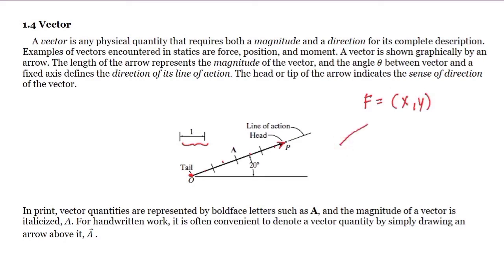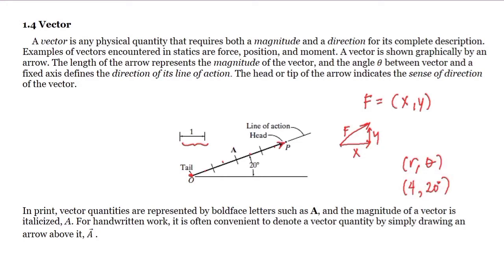If this is the force F here, then this is the x component and the y component. While in the vector form, we are expressing this as the radius vector and the direction. So in this case, it is 4 units directed 20 degrees from the horizontal.